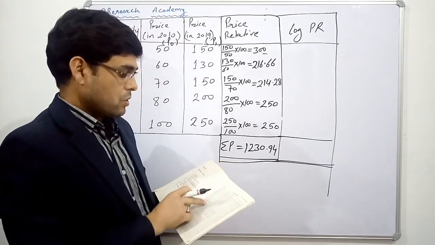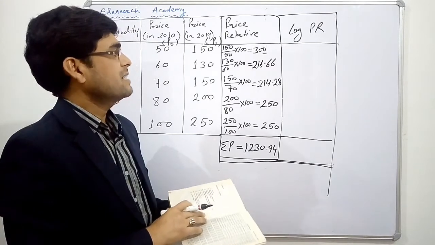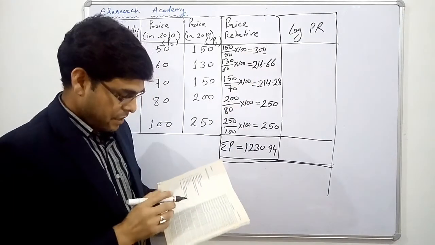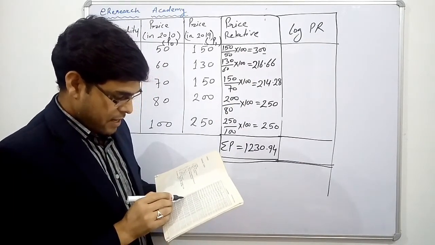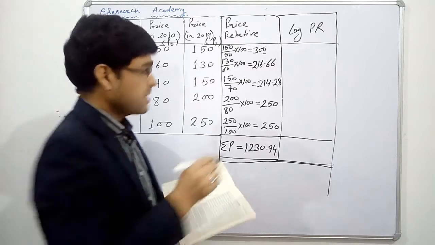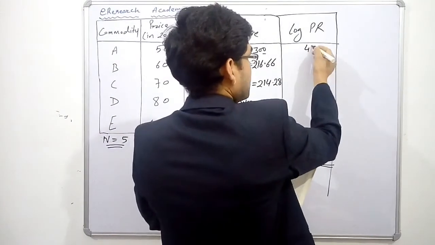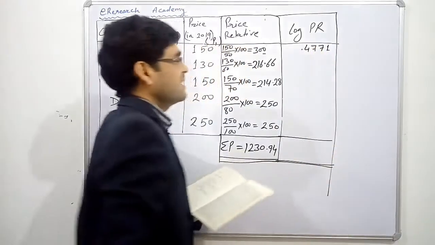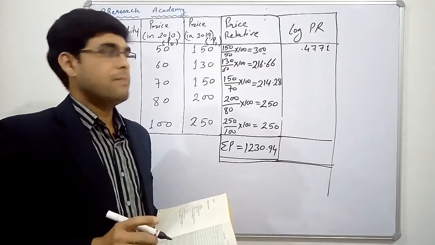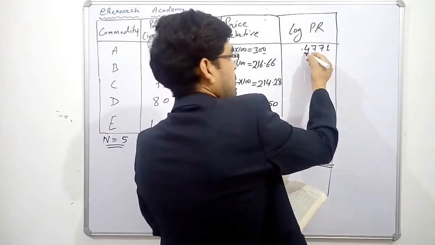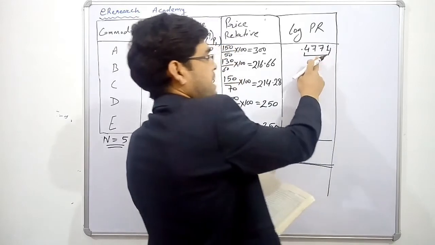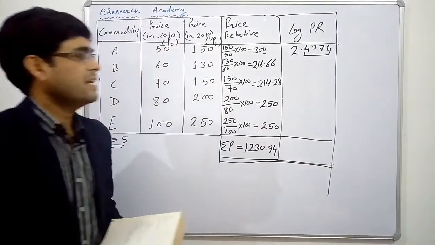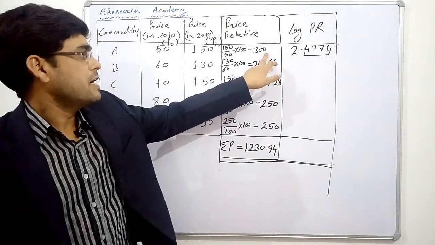300 means you will look at 30. Then 0 of 30, you will find 4771, and this value comes after the decimal point, and this is known as the mantissa. In the characteristic it will be 2.